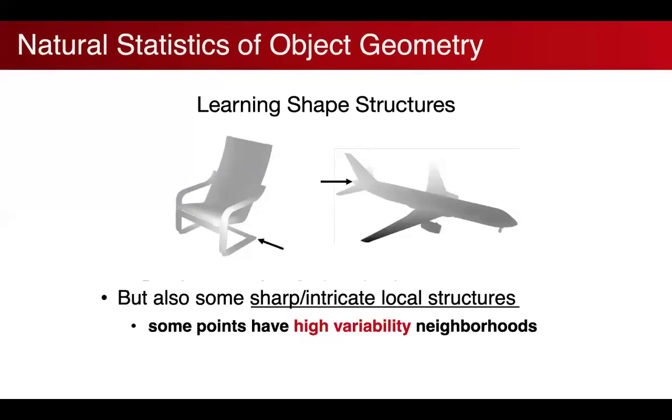But there are also some sharp local features where there are discontinuities, like here in the tip of the airplane or in this corner. So there are points where you have variable geometry neighborhoods, characteristics that are critical points. And we need to consider both.